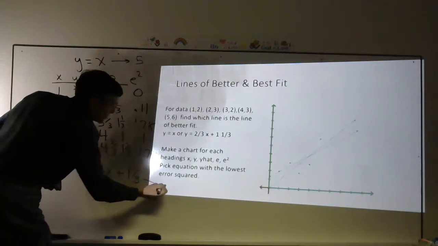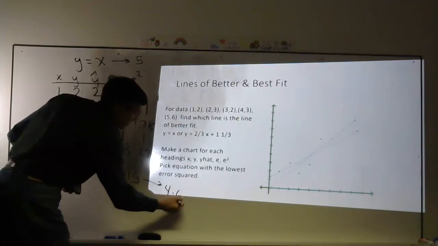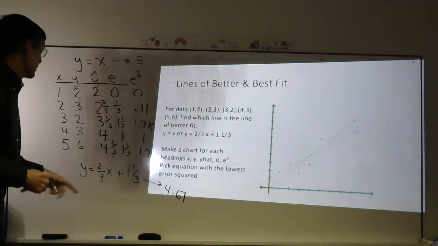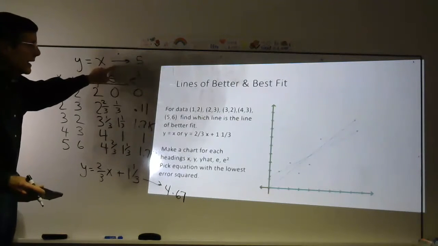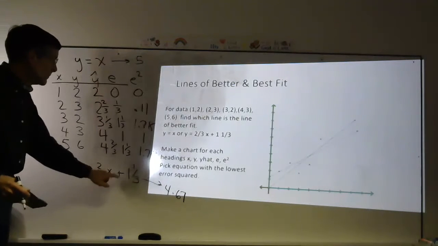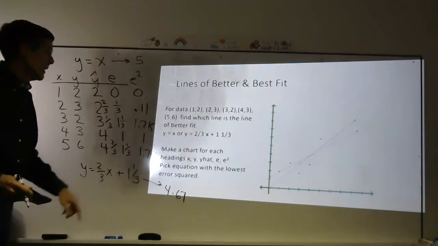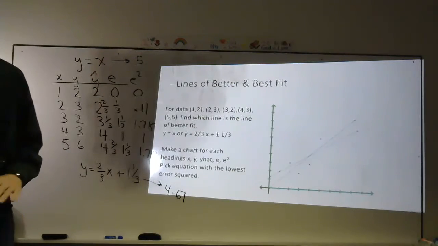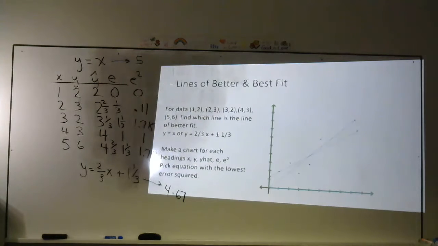So for this equation, 4.67 is the error. For that one, it is 5. Which one is better? This one is better because it has lower error. All right.